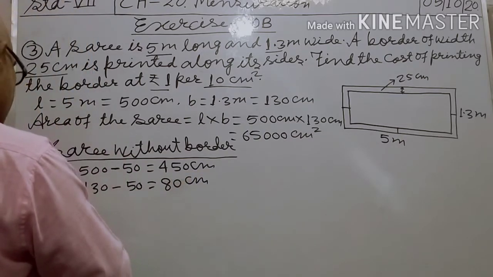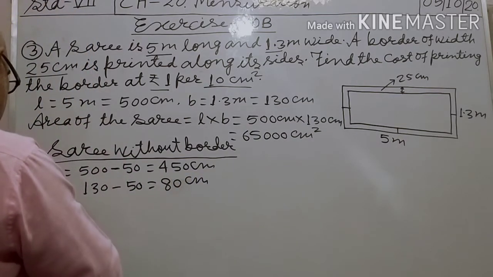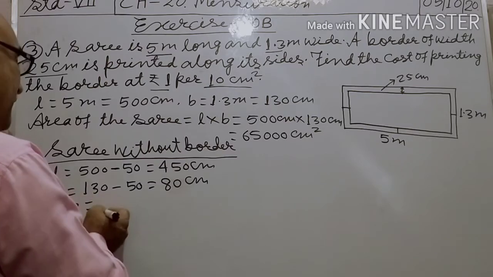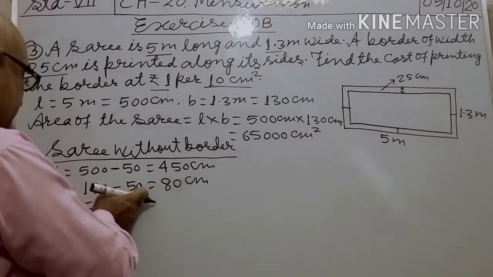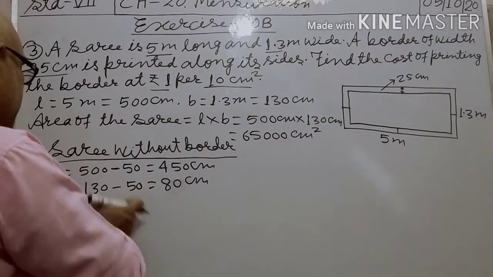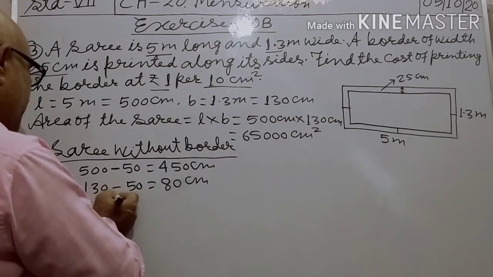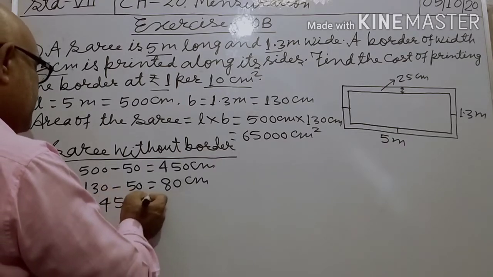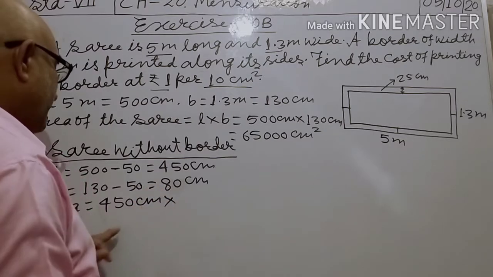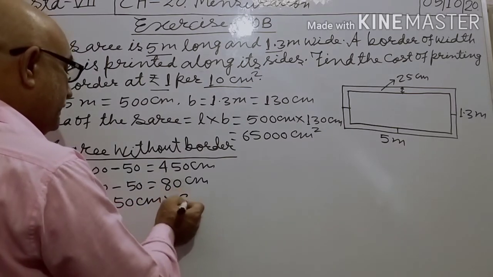Now area equal to L into B, so 450 cm into 80 cm.